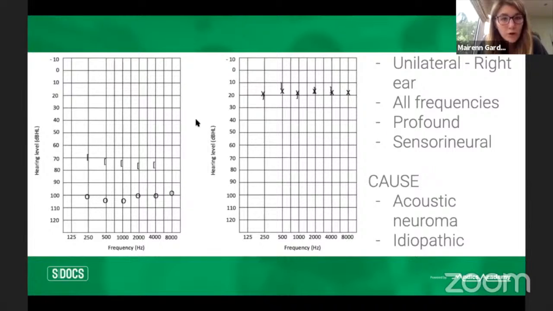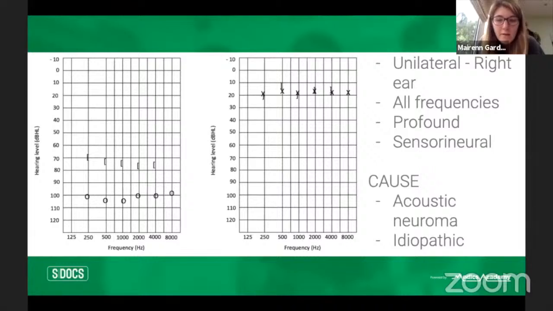It's only in one ear, and it's in the right ear, and it's found at all frequencies, so there's not a range in the frequencies it's found at. This is most likely to be acoustic neuroma or idiopathic sensory neural hearing loss.